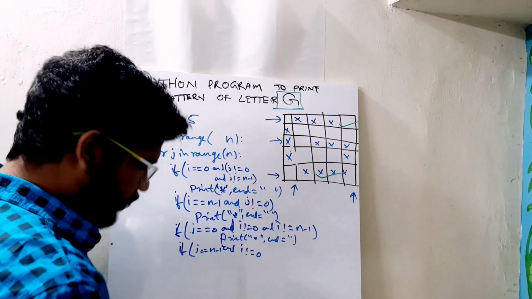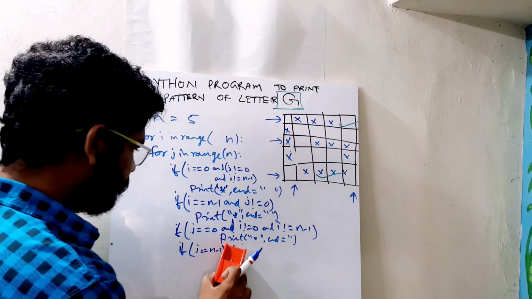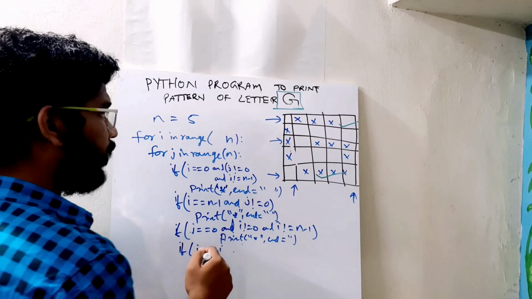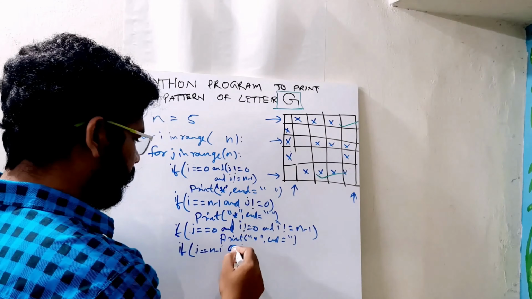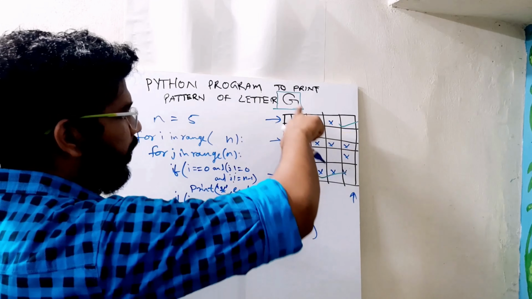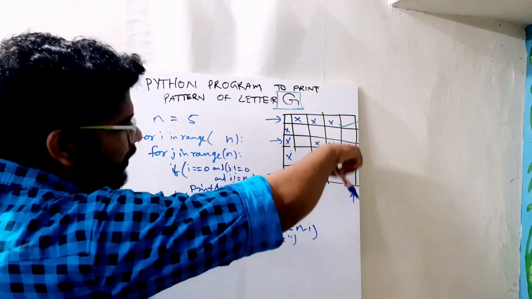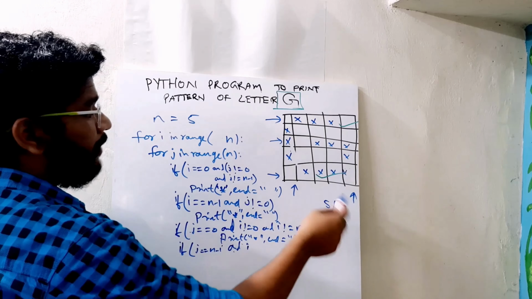So for that, instead of writing i not equal to 0, this is j equal to n minus 1. That means this last column, and this i, the row, should be greater than half. Here n is 5, and half of 5 is 2, so greater than 2 is 3.